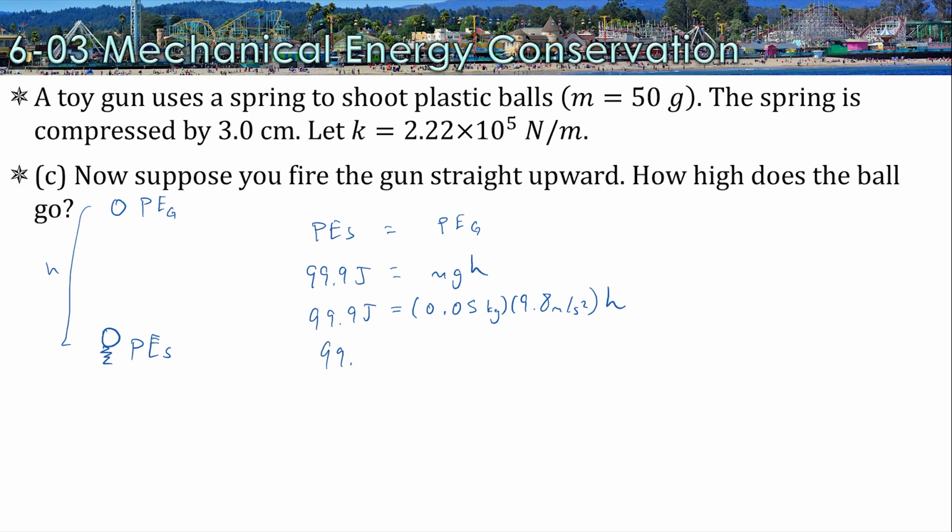So 99.9 joules equals 0.49 kilogram meters per second squared times height. So we divide, and we end up with about 204 meters for our height. That's rather high.